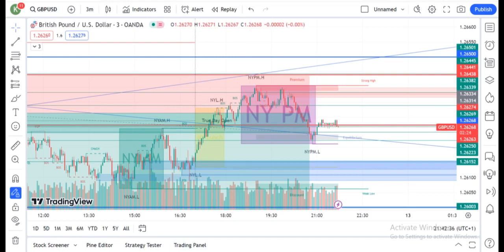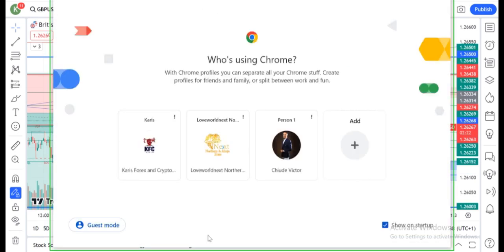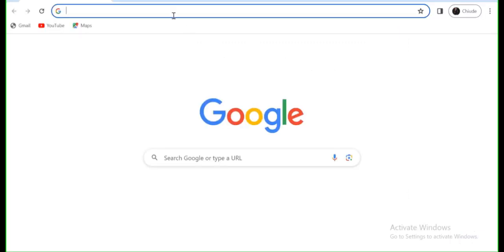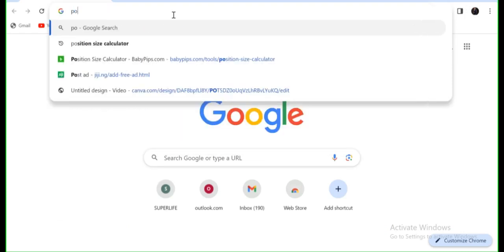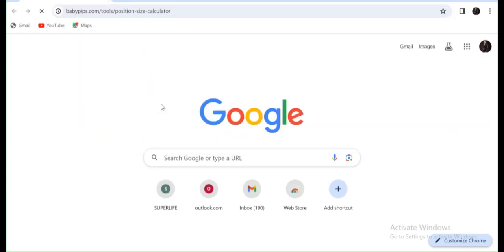First thing is, have you calculated the loss that you can take or the loss you are willing to take? Funny enough, in the position calculator at babypips.com, there is no profit calculation.